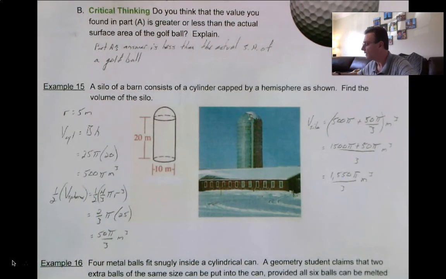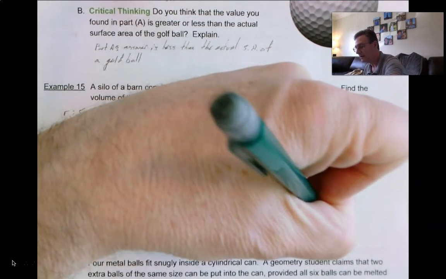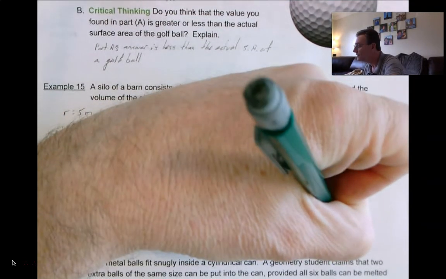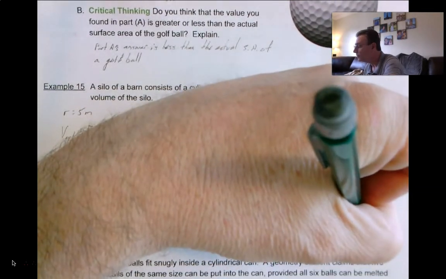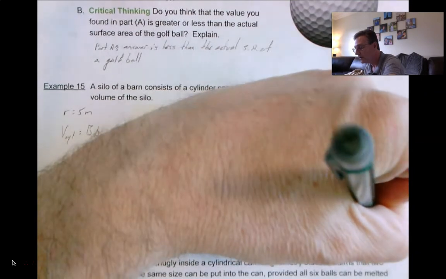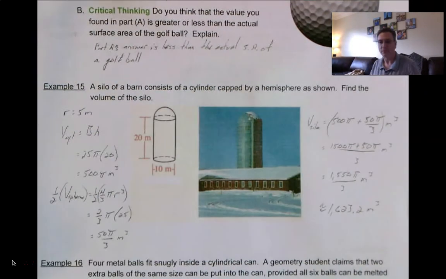And let's round this one. So 1550 divided by 3 times pi gives us approximately 1623.2 cubic meters, or meters cubed.